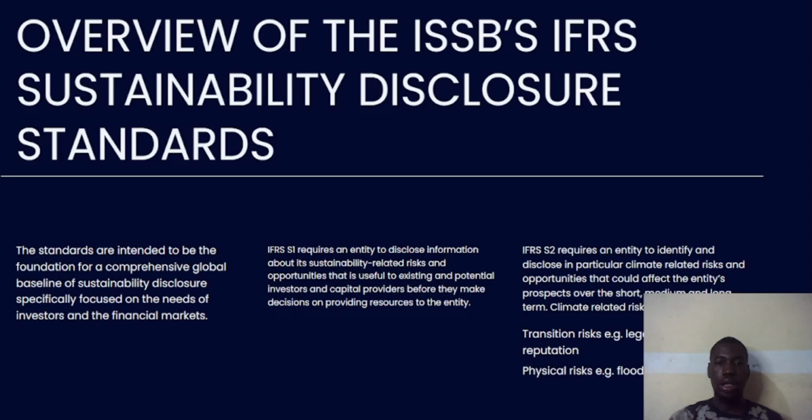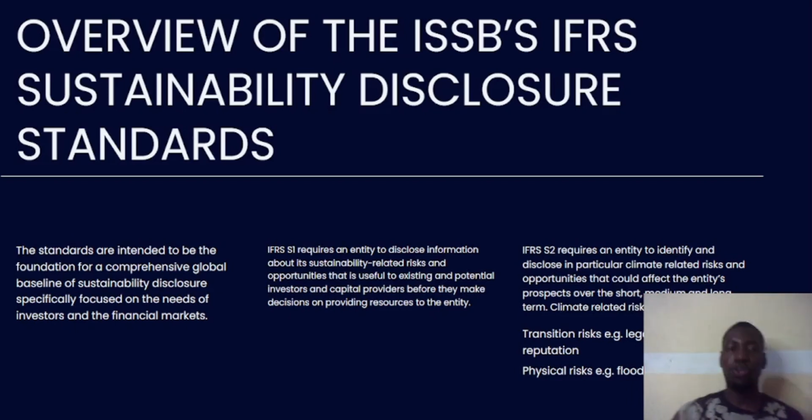So the ISSB standards are divided into two: the IFRS S1 and the IFRS S2. The IFRS S1 is on the general requirements for sustainability disclosure. What the IFRS S1 does is it requires an entity to disclose information about its sustainability risks and opportunities that is useful to existing and potential investors and capital providers.